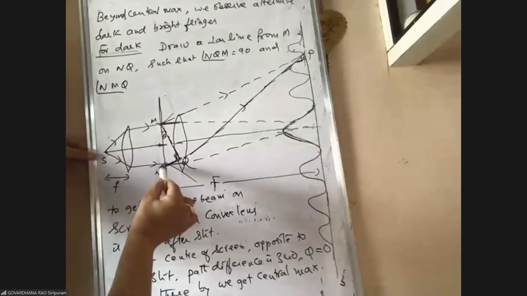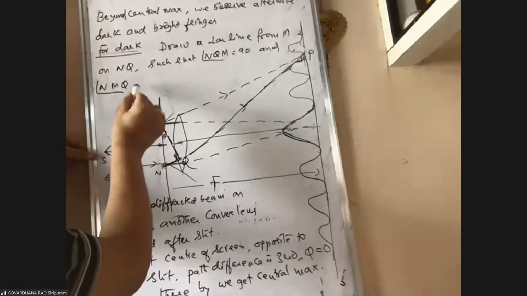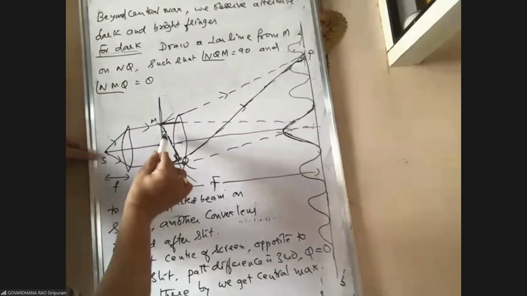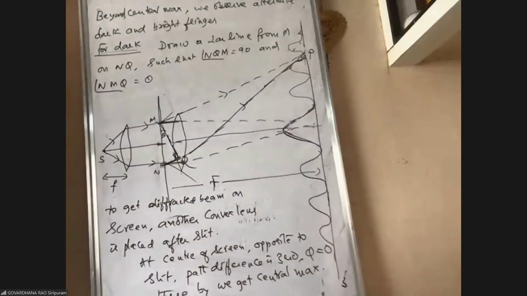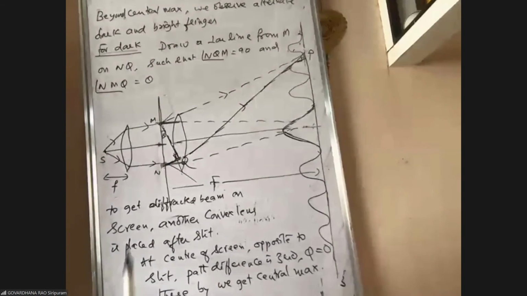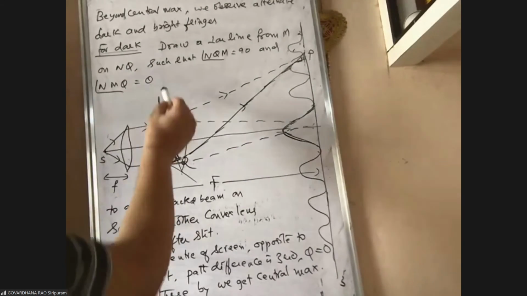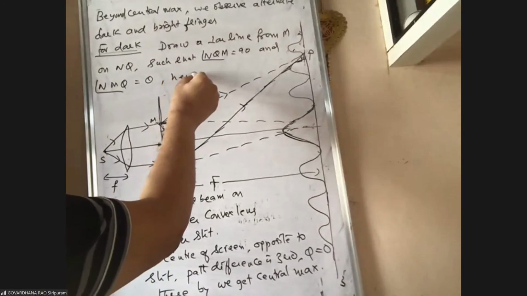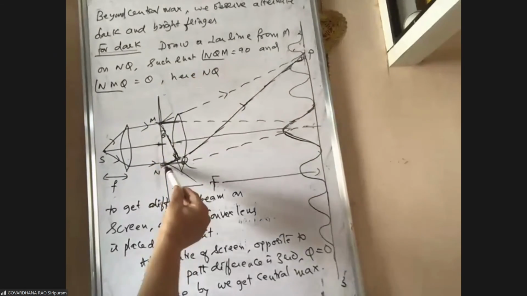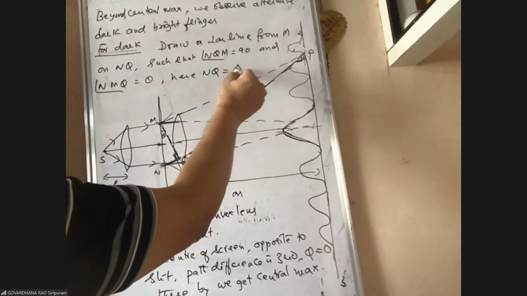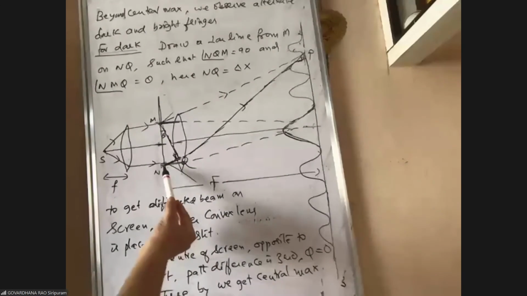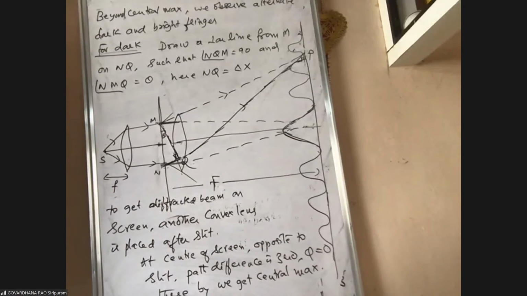NMQ is theta. Here NQ is equal to delta x, the path difference.